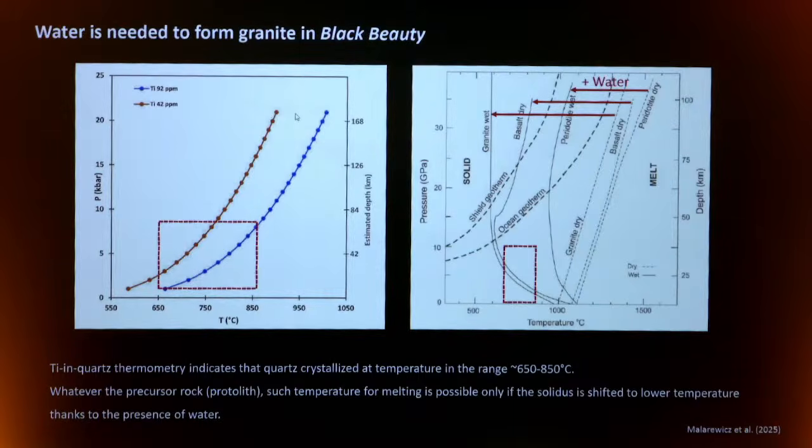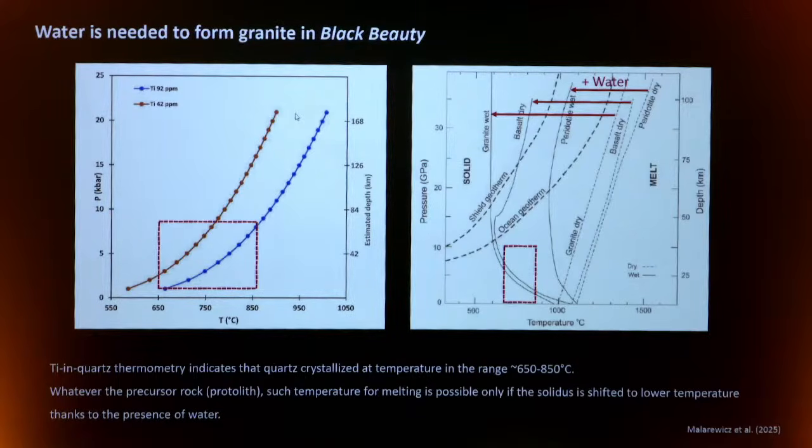On the right, you have another pressure-temperature diagram showing you the solidus curve for various lithologies, granite, basalt, or peridotite. Here you have the dry solidus in the absence of water. So it happens at very high temperature, above 1000 degrees Celsius. But if you put water in the system, you will have a wet solidus, and you will shift the curve towards low temperature. And it is represented here again for the three lithologies.